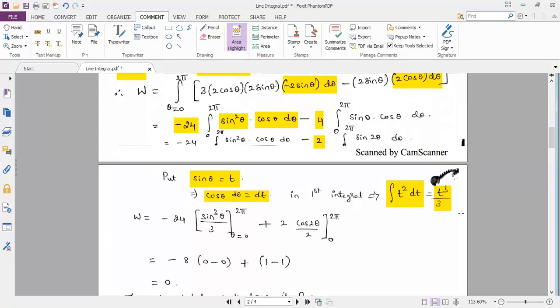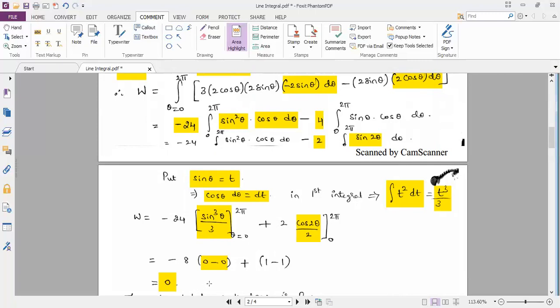So using the same expression, t is sin theta, we will be getting sin cube theta divided by 3, applying the limits between 0 to 2 pi. Similarly, the second integral is integration of sin 2 theta, which is minus cos 2 theta divided by 2. So the outside minus becomes plus, applying the limits with the concept of upper limit minus lower limit, we get the answer as 0.